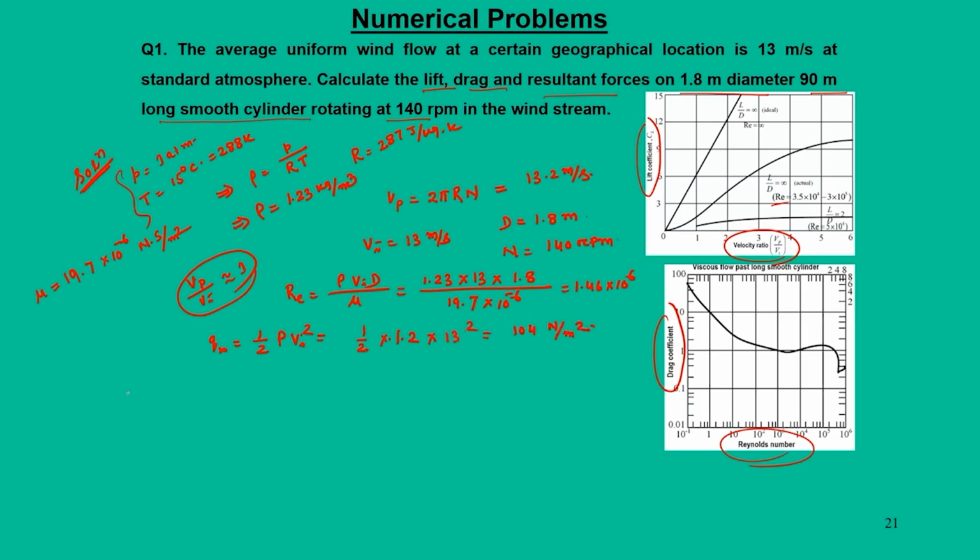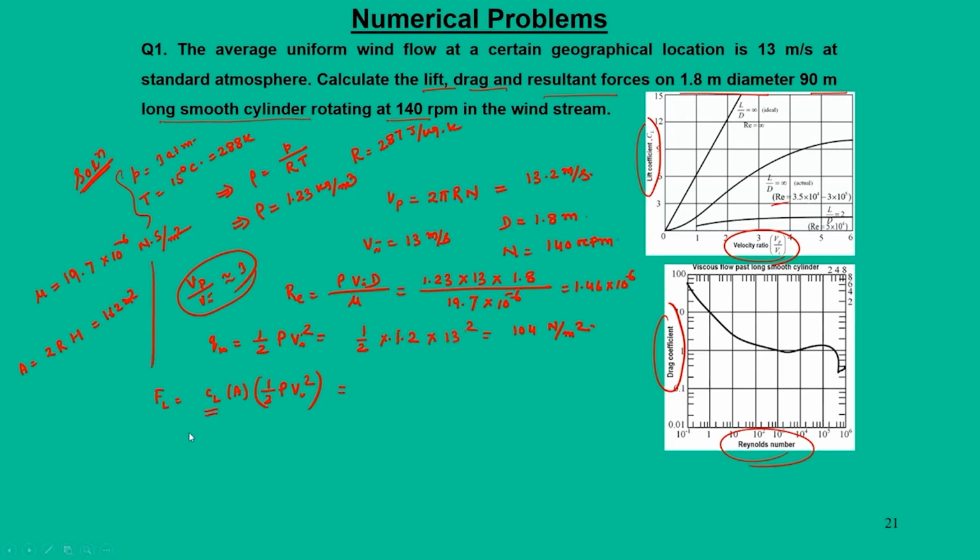So, let us go to the basic expressions. Lift force FL is equal to CL times A into half rho Vi square, and A stands as the projected area, that is twice R times H, and this is 162 meter square.